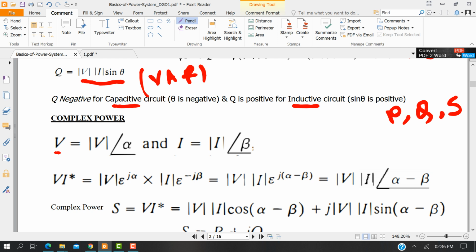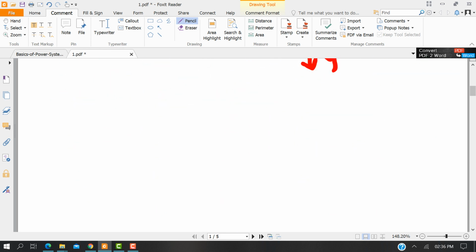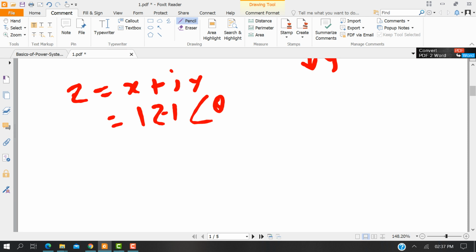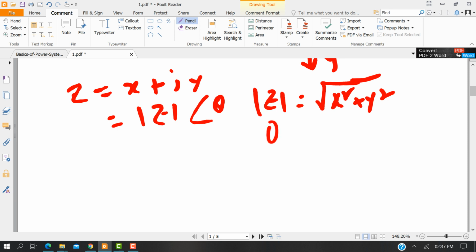So it's expressed in an exponential form, because we know that in phasor algebra, z equal to x plus jy is the Cartesian or rectangular form. It can be written as magnitude at angle theta, where the magnitude is the square root of x squared plus y squared and theta equals tan inverse of y by x, and it's the polar form.